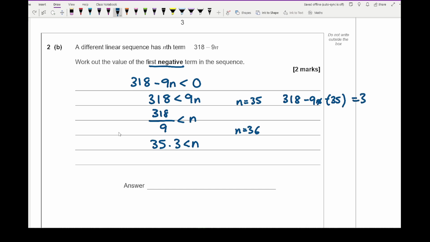So that's not going to be my negative term. So if I just double check, 318 minus 9 lots of 36, that's going to give me an answer of minus 6. So the first negative term is going to be our 36th term, which is minus 6.